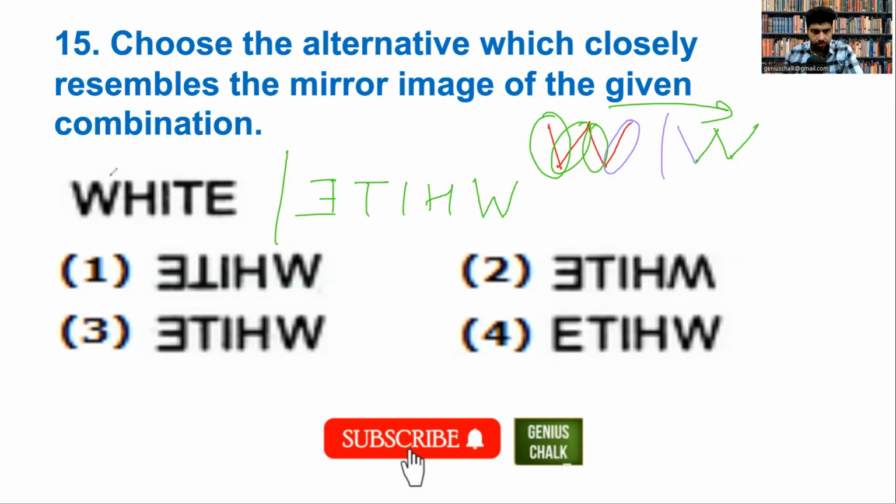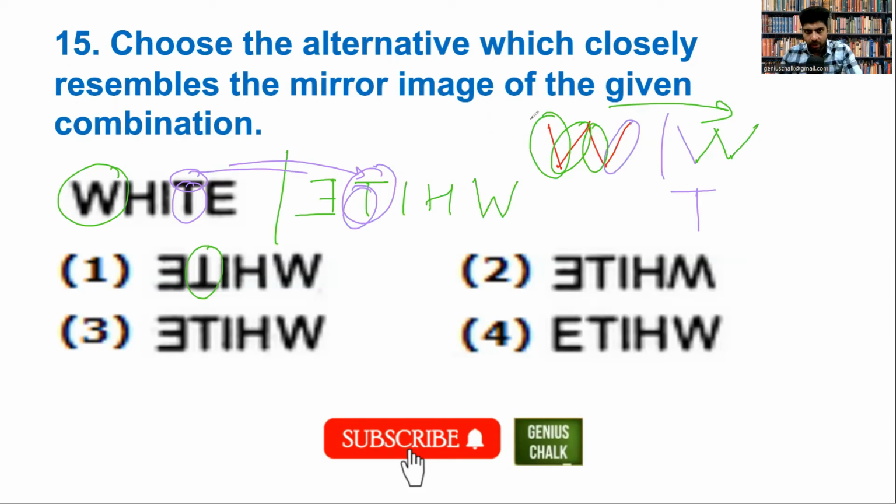So W has to come last. But if you see this first option, the image of T is not correct, because it has to be like this. The top part has to be the top part, the bottom part has to be the bottom part, but the side has to change. But there is no side here, only top and bottom is left. So we have made it the same, like T is like this.